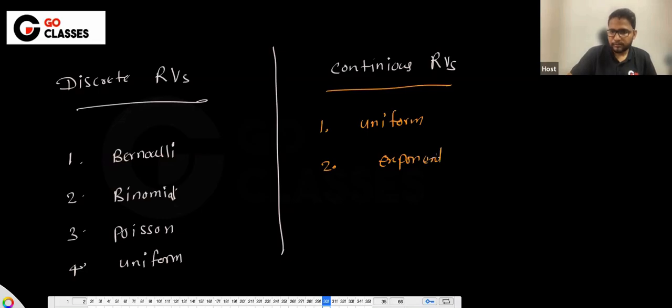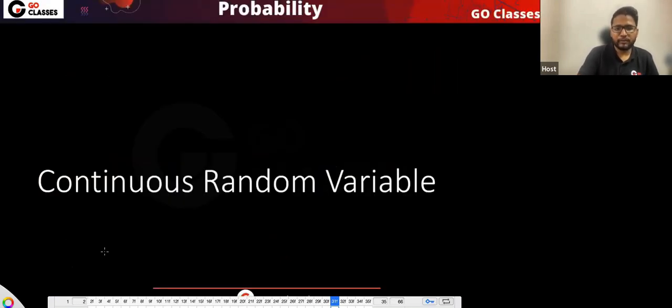Uniform appears in both discrete and continuous, so you can call it the discrete uniform and the continuous uniform. So this is the continuous random variable.